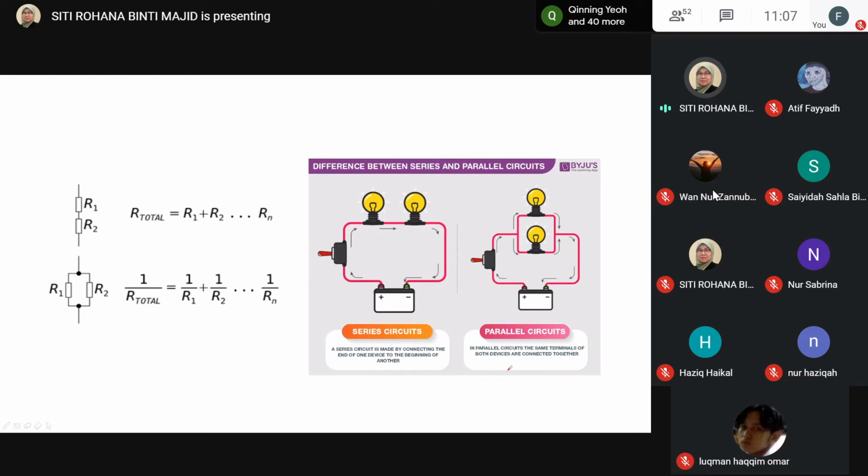So we will see series and parallel. I hope you remember how to calculate resistance in series and resistance in parallel. For parallel it is 1 over R1 plus up to Rn, for n numbers of resistors.